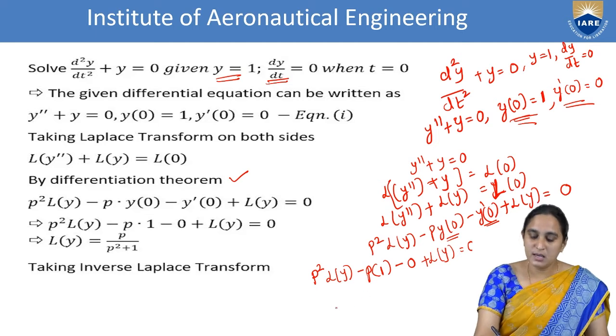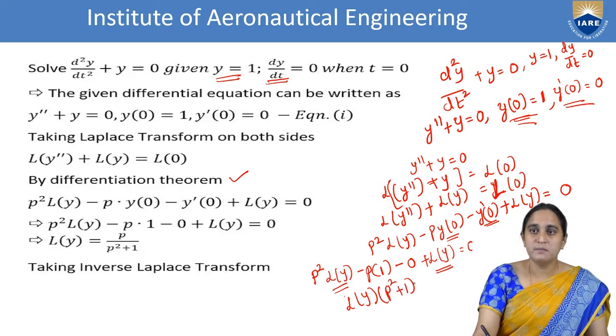What is common in this equation? L(y) is common in both terms, so I take it common. That is L(y) into (p² + 1) minus p is equal to 0. From that, the next step is L(y) into (p² + 1) is equal to p.